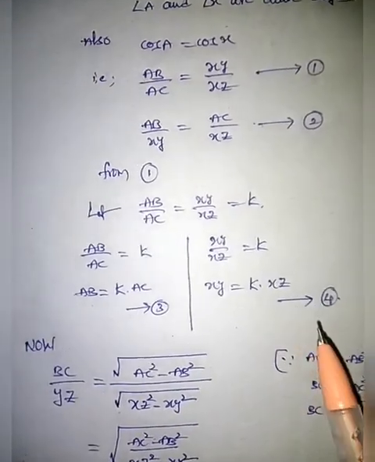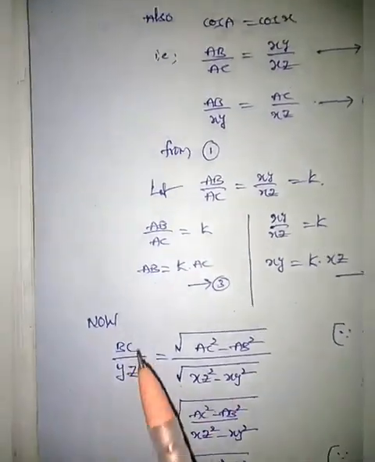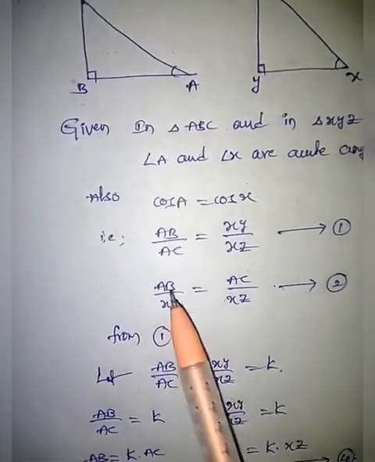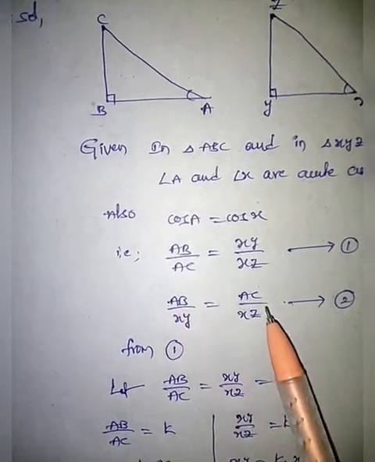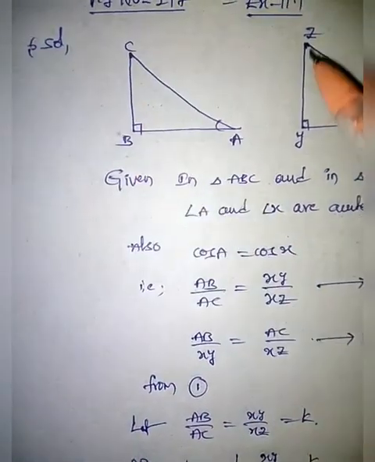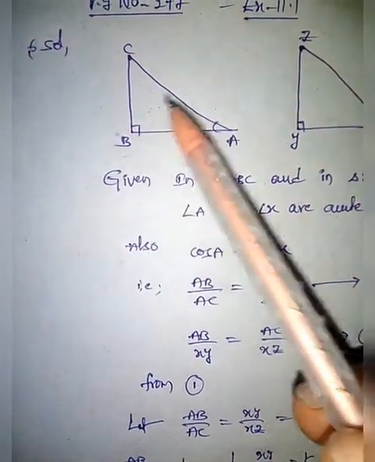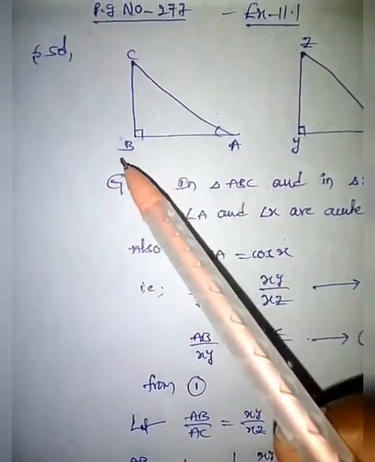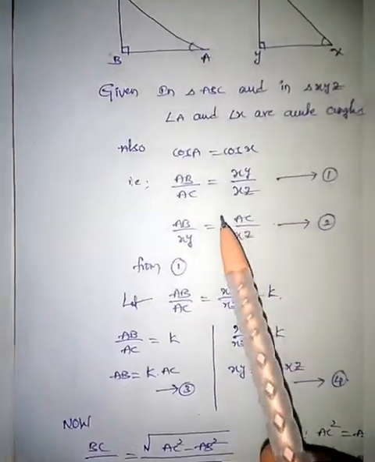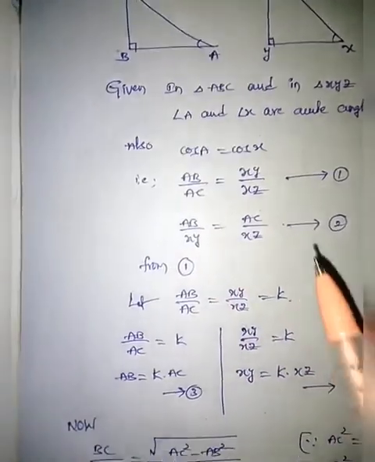Name this equation as equation 4. Now take the third ratio. We have shown that two sides ratio is same. Now we are going to show that the third corresponding sides ratio is equal to equation 2.